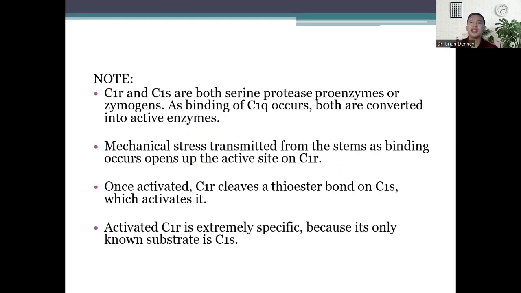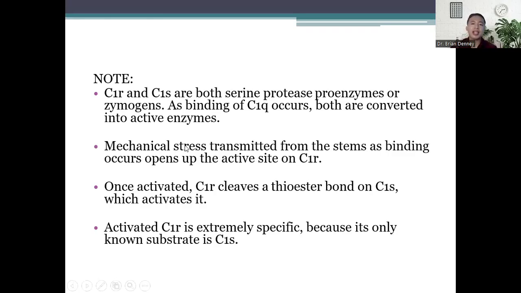So, as a review, let's review. Your C1q globular heads become bound to your Fc region of the antibody. What region in IgG? CH2. What region in IgM? CH3. Once bound to the Fc region, what happens? It causes mechanical stress.